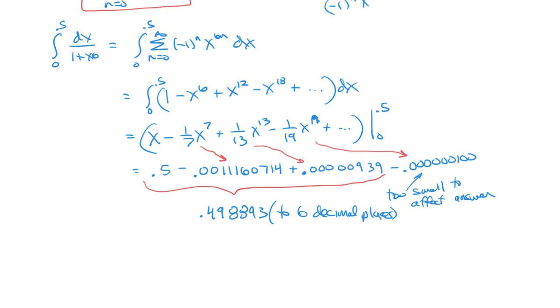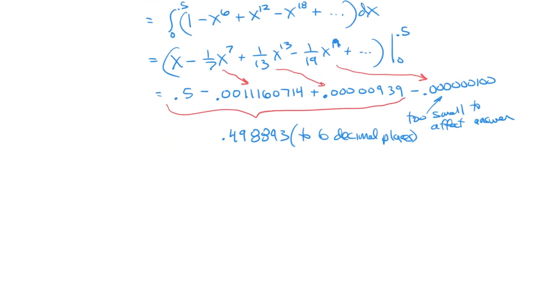Now, of course, we do have to make sure that our interval of convergence contains these numbers, 0 to 0.5. So just to check real quick, for the interval of convergence, we have to make sure that the absolute value of r is less than 1, right? Our r was negative x to the 6. Well, that's going to be the same as x to the 6, right? By the way, we talked about it before.